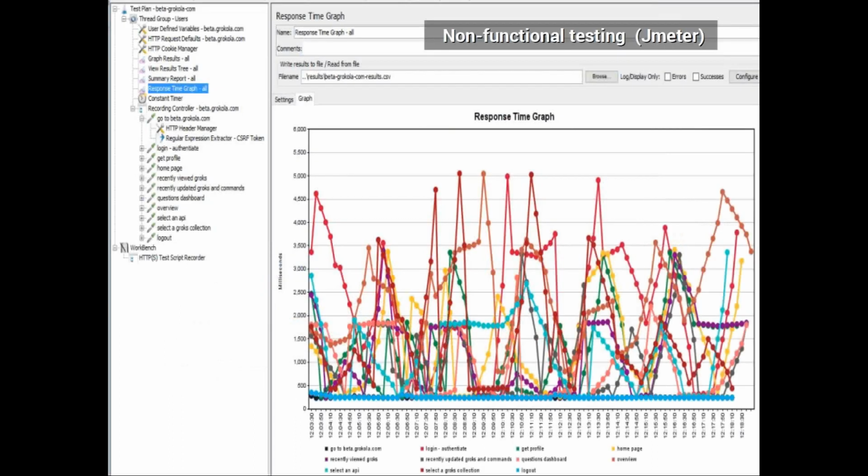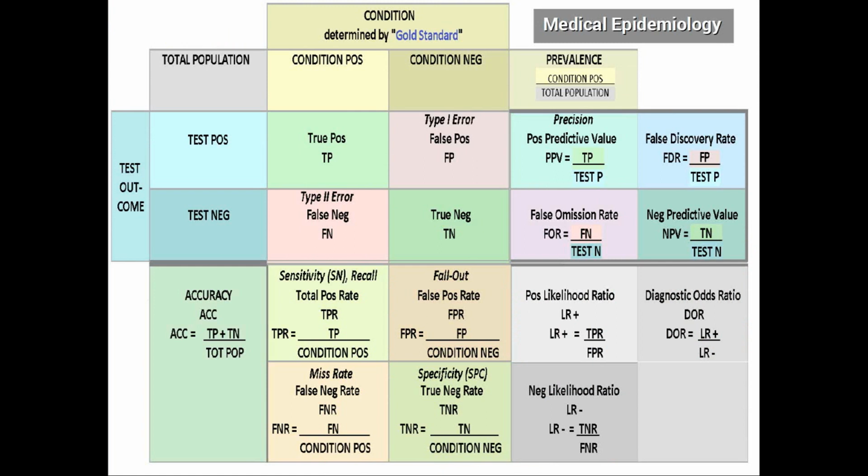When we're talking about performance testing, it's not a right or wrong answer. We're testing certain kinds of quantifiable parameters with statistical confidence intervals and things like that. Medical epidemiology has something which I tend to use a lot in testing statistical models, which is the notion of sensitivity: how good is my test at picking up actual faults, versus specificity: how good is it at picking up only the faults?